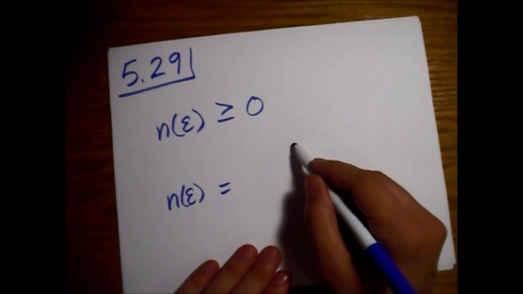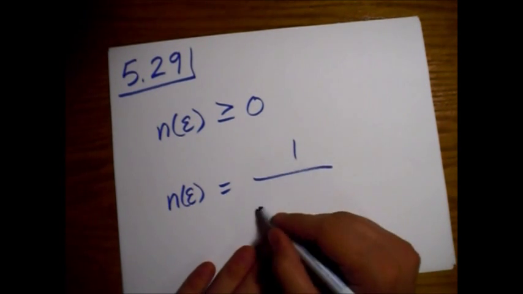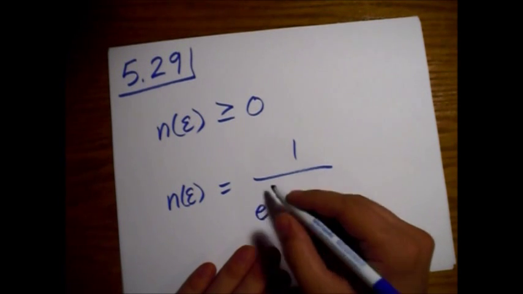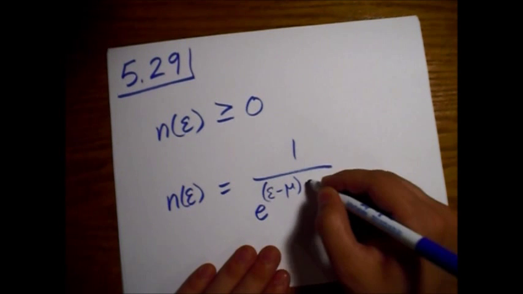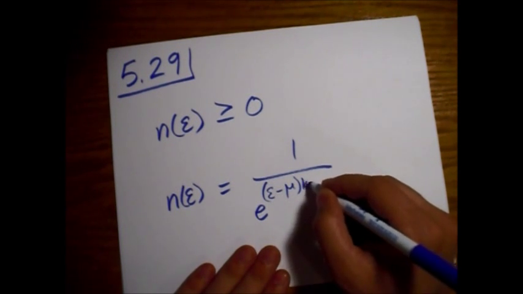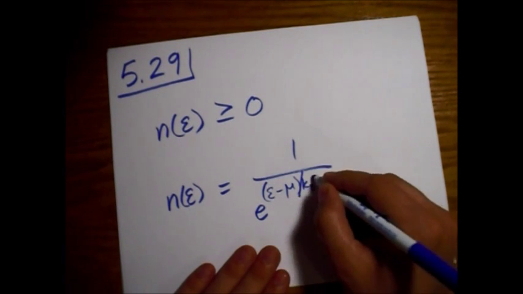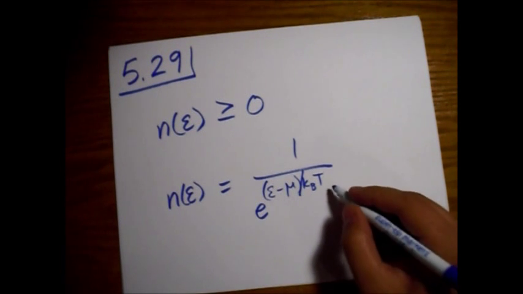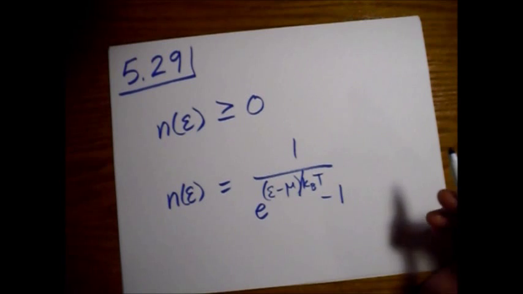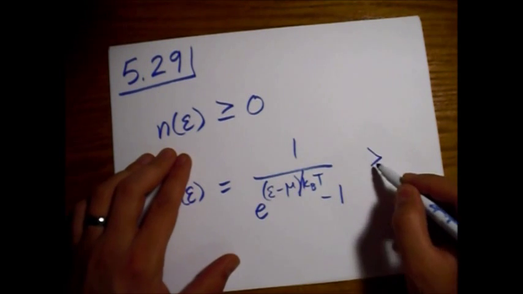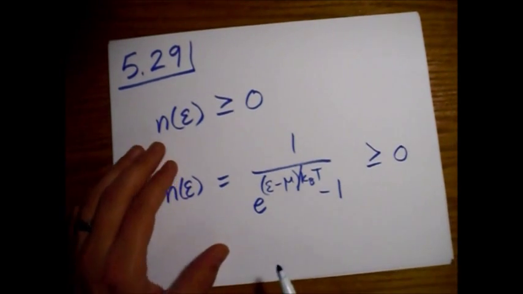Anyway, for bosons, we have 1 over e to the (epsilon minus mu) over kBT, and then for bosons, it's a minus 1 right here. So this has to always be greater than or equal to 0.